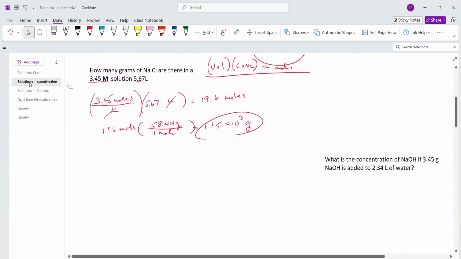We did this and we figured out there are 1.15 times 10 cubed grams of sodium chloride in the solution. How would I make this solution up?